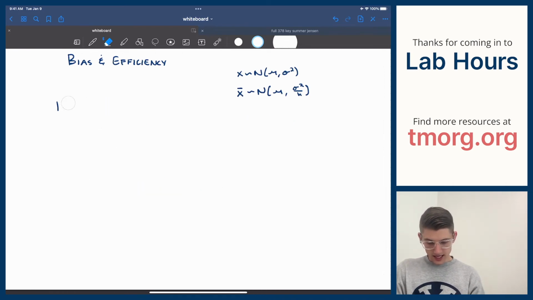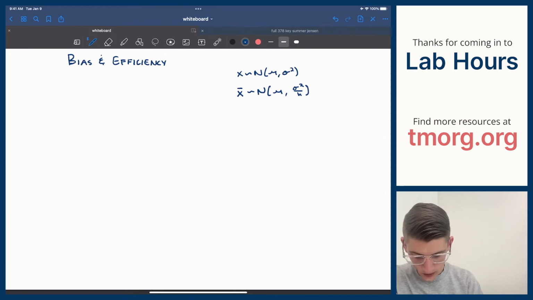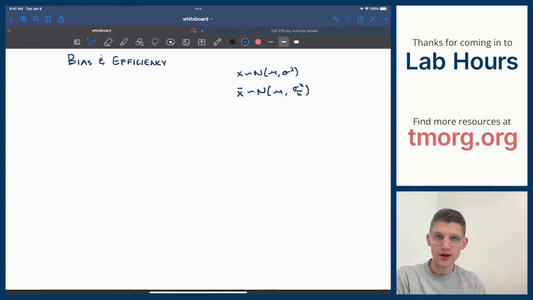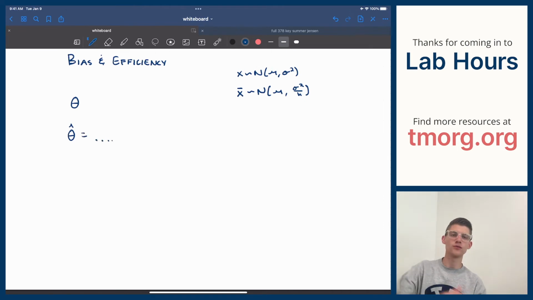What if the estimator is biased, though? Here's the question. Let's say I have some parameter theta that I'm trying to estimate, and some theta hat whose formula is unknown. I don't know what the formula is, but it's a gross one, something crazy.